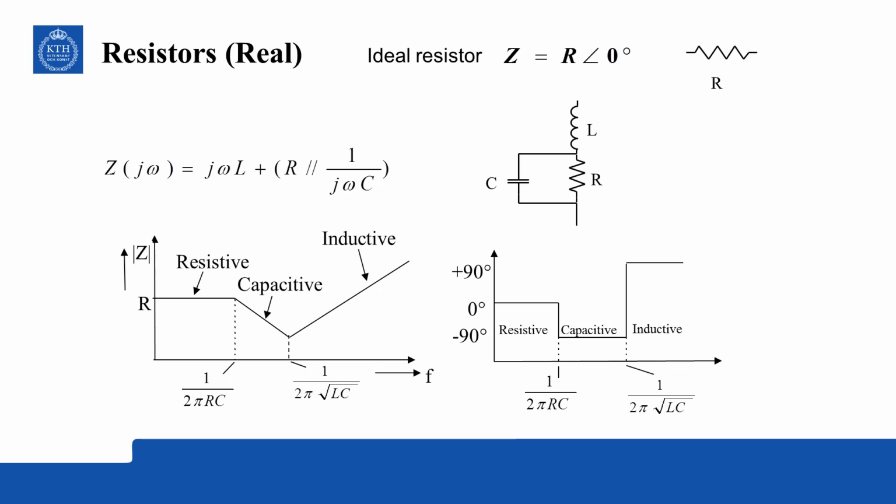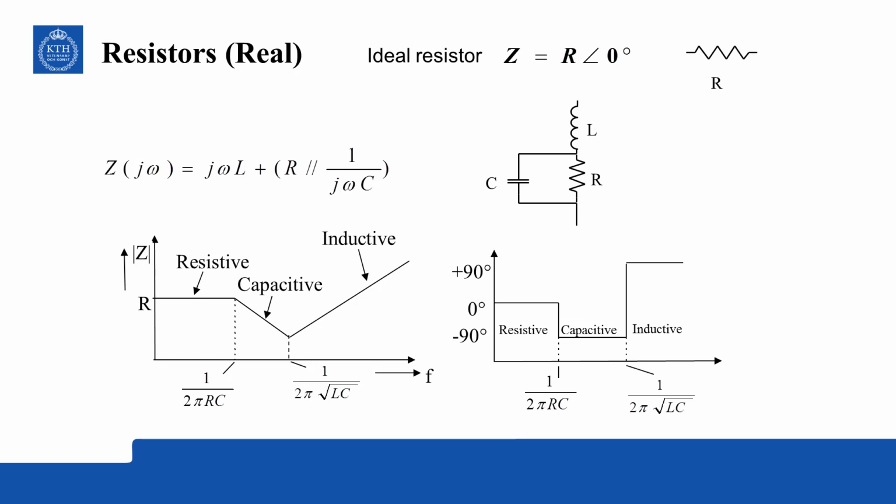Then inductive impedance is also increasing, and capacitive impedance is decreasing, and at some frequency both become equal and you have a resonance, and that resonance point is given here by 1 by 2 pi root LC. And beyond that resonance point, inductive impedance is much more than capacitive impedance.